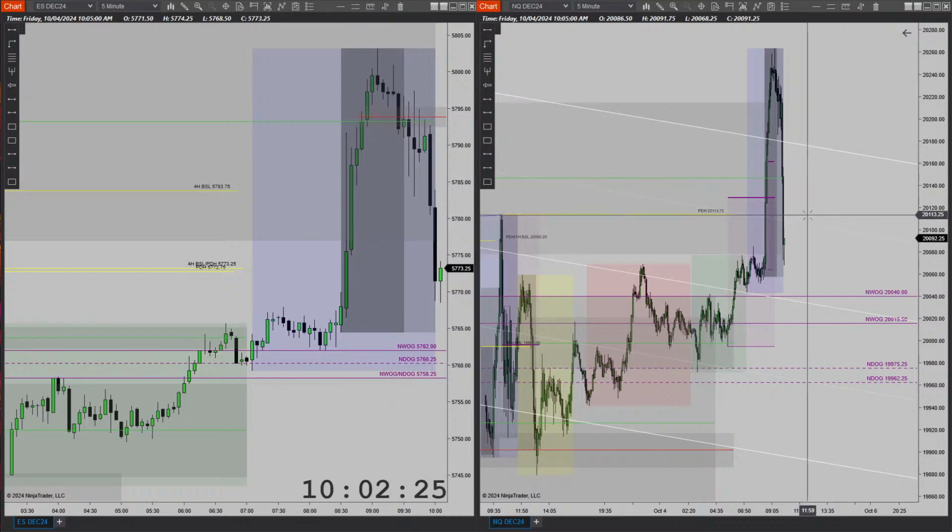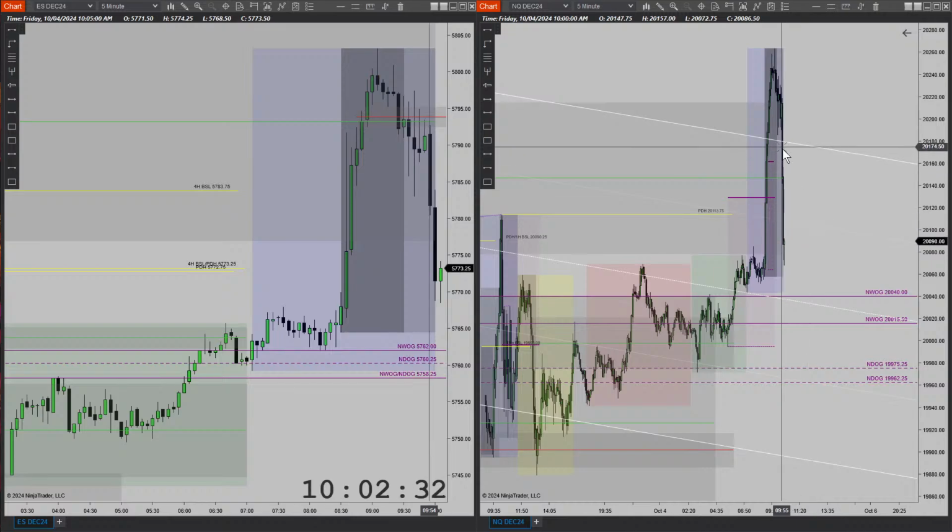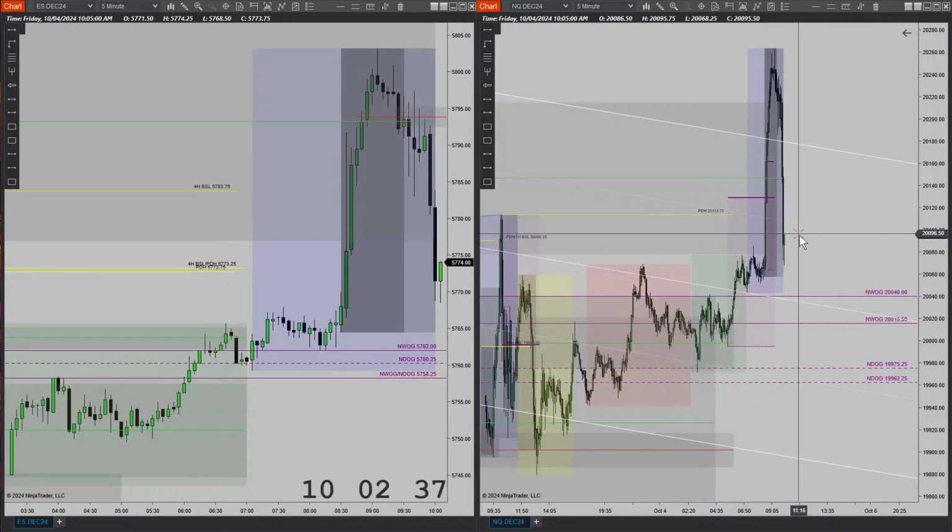Okay, so maybe we touch previous day high again, but I don't expect it to draw higher than that. If it does, then I'll begin to think about getting out because I don't want to give back any of the 100 plus points that I've already made on this trade.